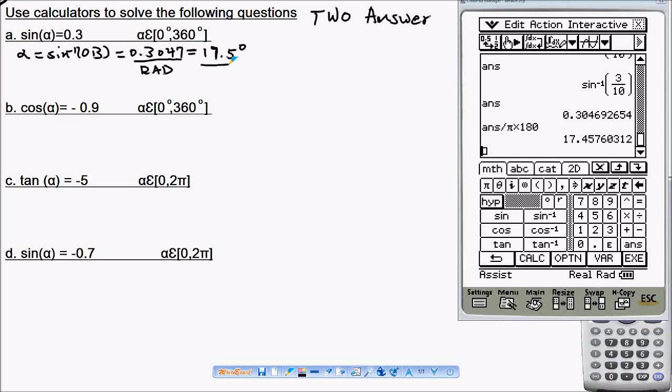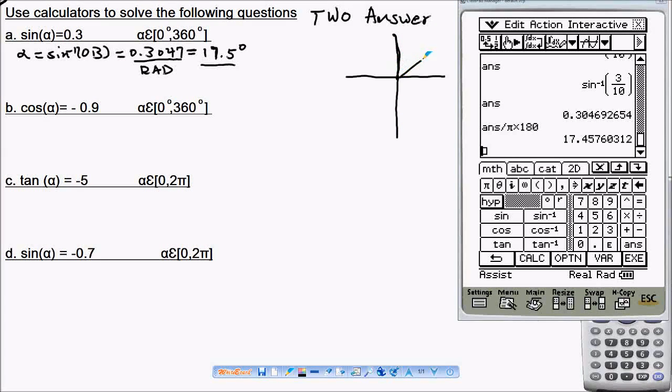But we need two answers. Even when using graphic calculators, we still need to draw the unit circle for this kind of problem.